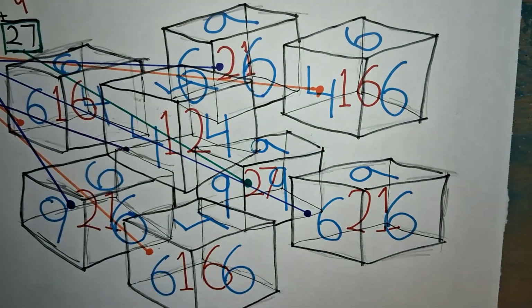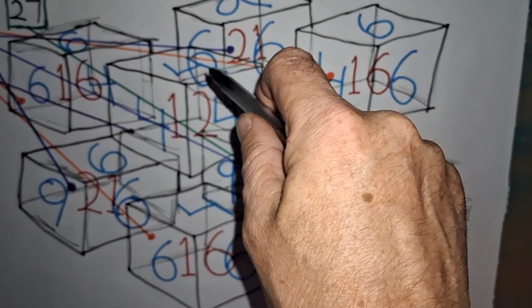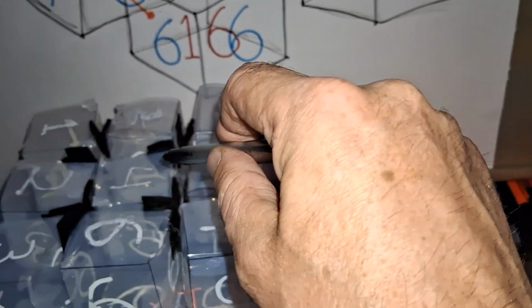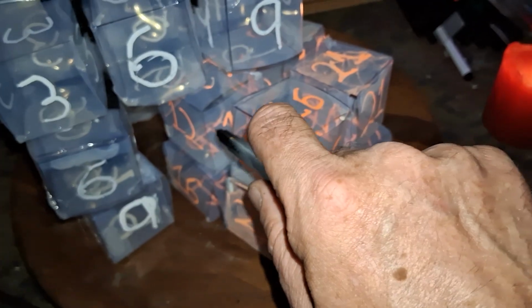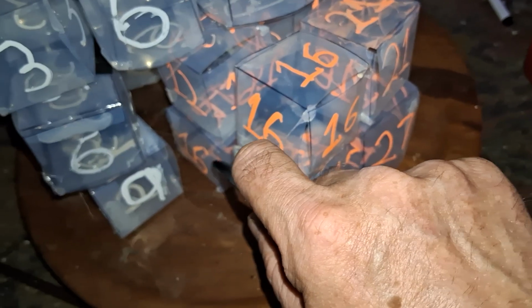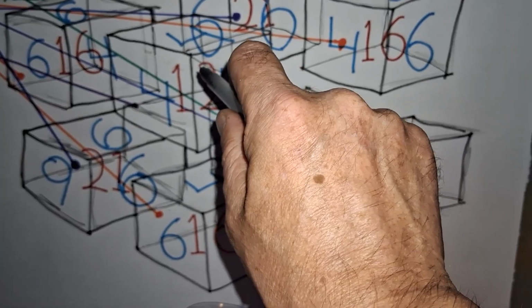You get 4 and 12 on the upper side up here. Right below this 4 is a 12. And 4 added to 12 is 16. If you can see that 16.